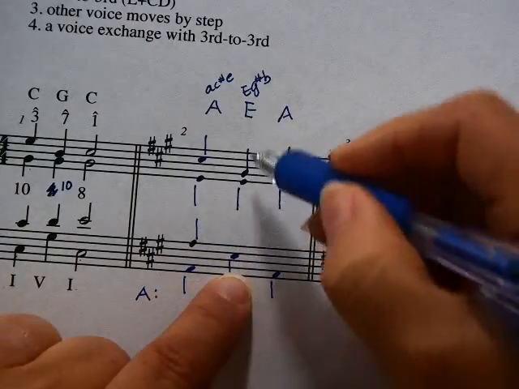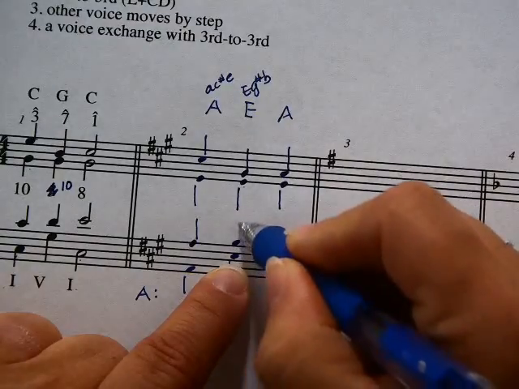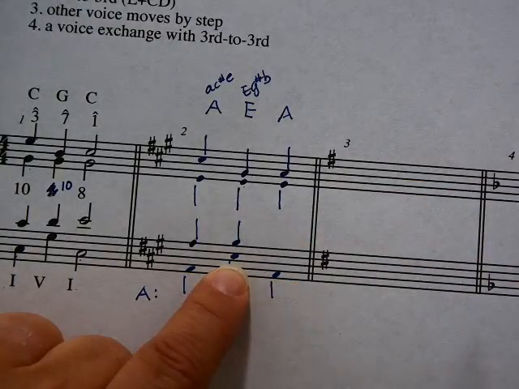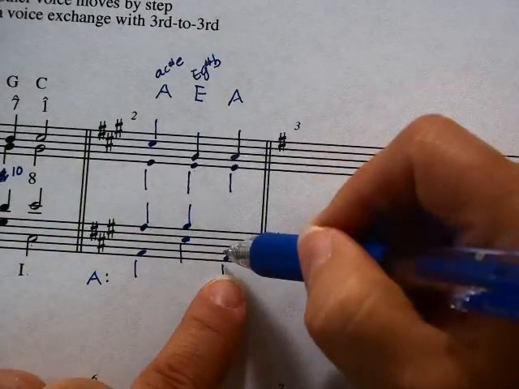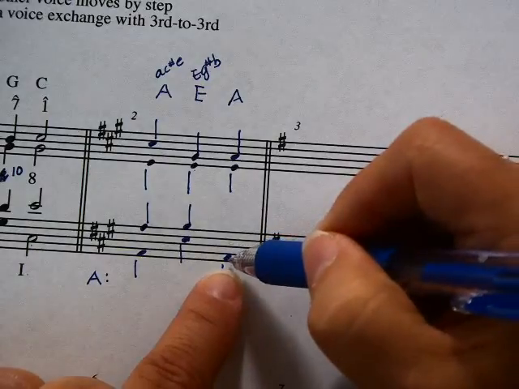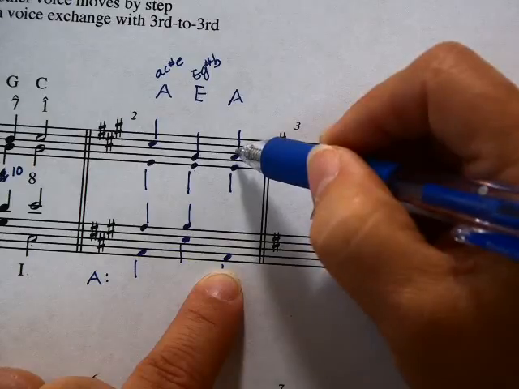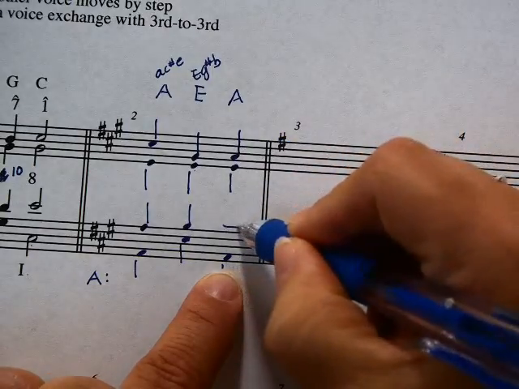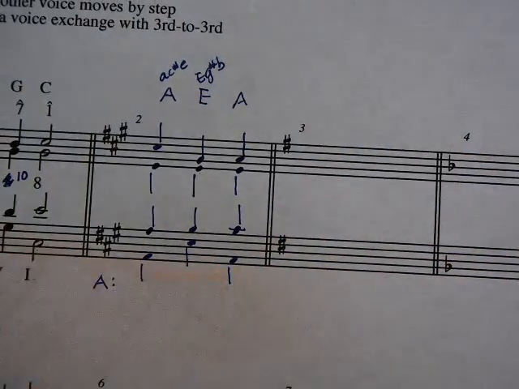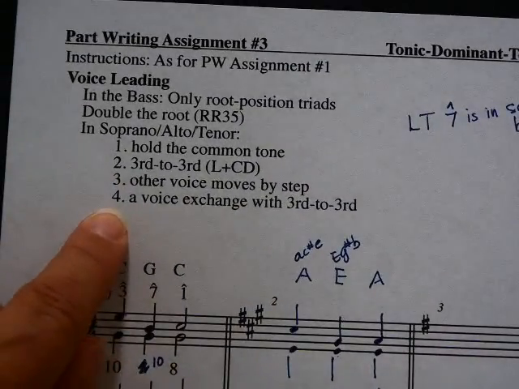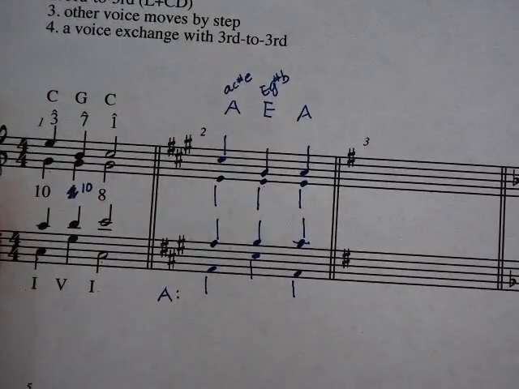The chord already had a root, and a third, so it moves by step to take the fifth of the chord, and as we already know that it continues moving up by step, but as we look at what we already have, in the bass we have the root, alto has the fifth, soprano has the root, root, root, fifth, we're missing the third, so the tenor ascends on up to the third. In the fourth issue up here, it says a voice exchange with third to third. Quite often, you will have a voice exchange.